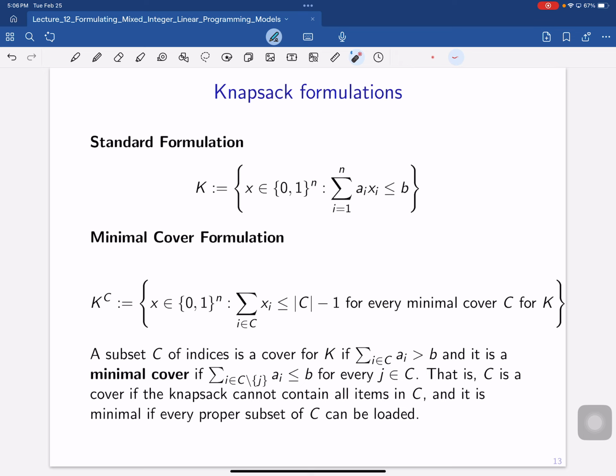And you need to define this inequality for every minimal cover in the set capital K. So how many minimal covers are there? There could be a large number of minimal covers for a big problem, because you need to check every subset of items, find all the subsets that are minimal covers, and then implement this inequality for all the minimal covers.